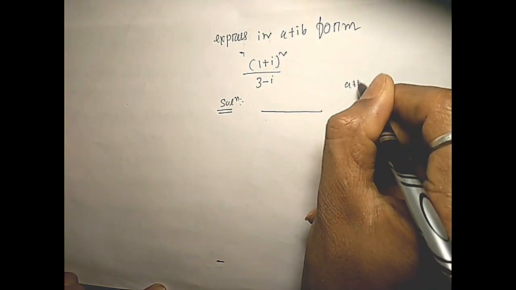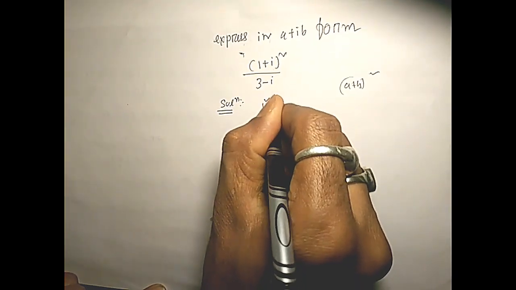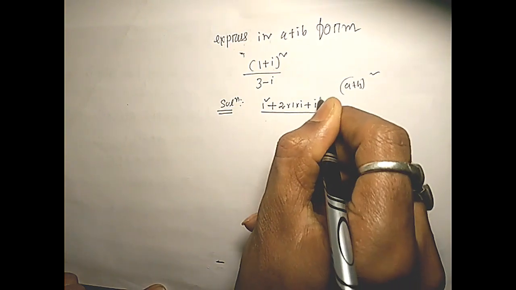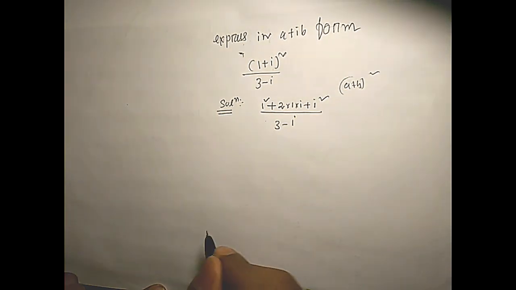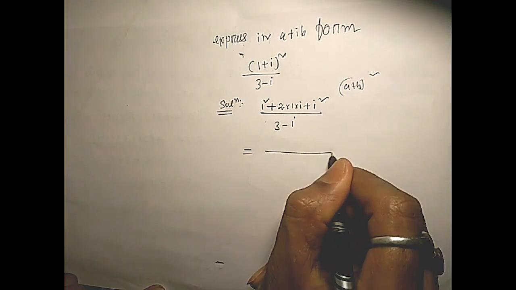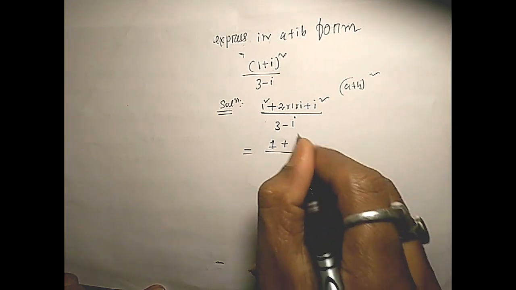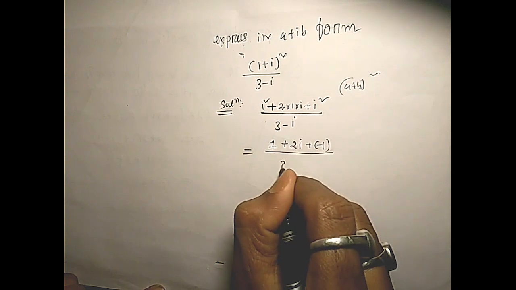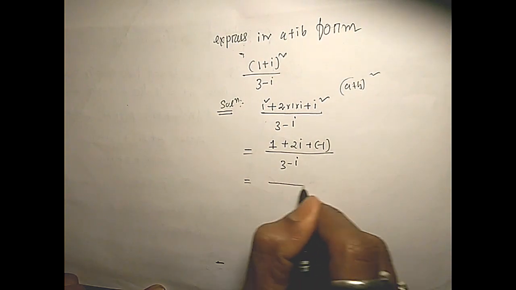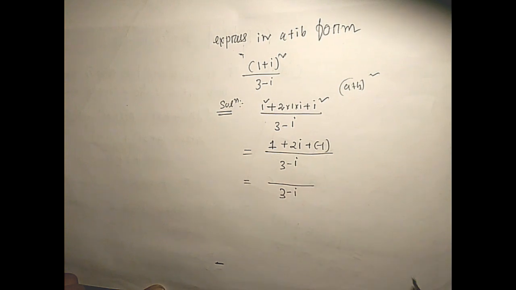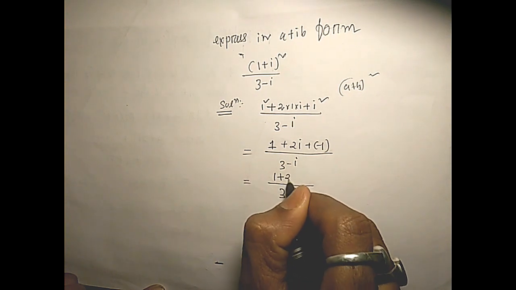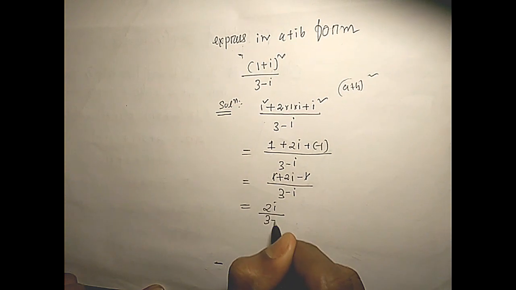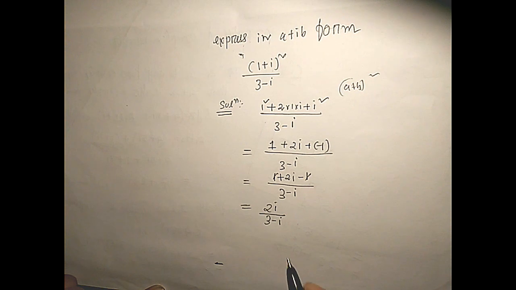So 1 plus i whole square, a plus b whole square form: a square plus twice ab plus b square, divided by 3 minus i. So 1 square means 1, 2 into 1 into i means 2i, plus i square means minus 1, over 3 minus i. So 1 plus 2i minus 1. 1 and minus 1 we can cancel. So 2i by 3 minus i.